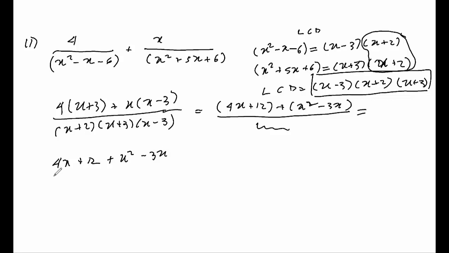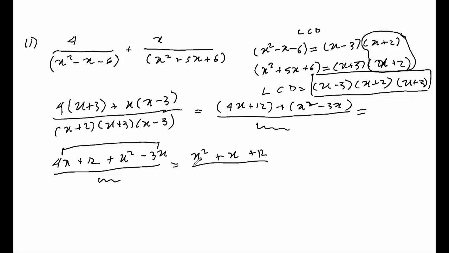We'll just rearrange it a little bit over the same thing. I'll put the x squared first, and then I'll combine my two x terms here to get plus x. And then what I have left is my 12, all over x plus 2, x plus 3, x minus 3.